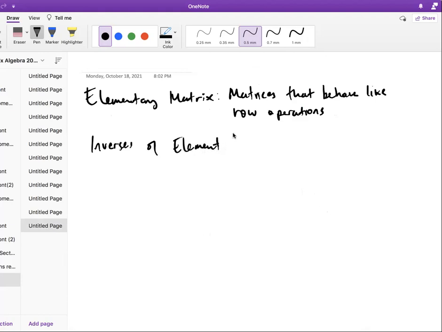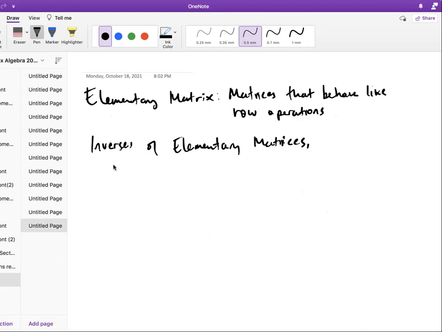So let's think about inverses of elementary matrices. Is it not right to talk about inverses of elementary matrices if we haven't talked about inverses yet? Not really, because I think it's very clear how to describe inverses of elementary matrices.